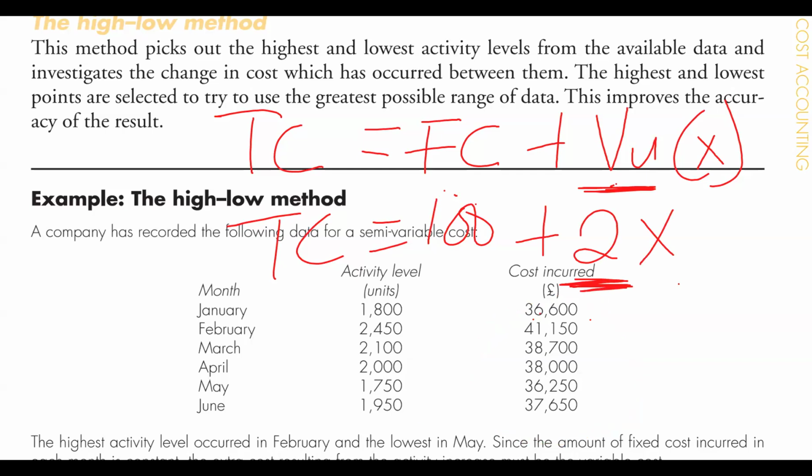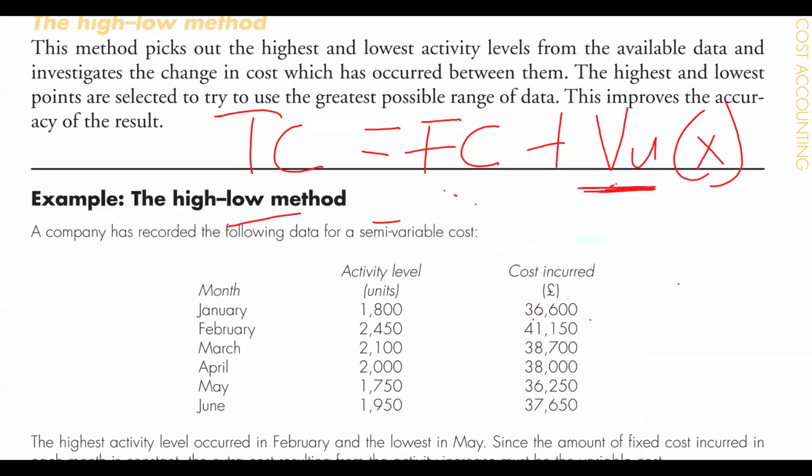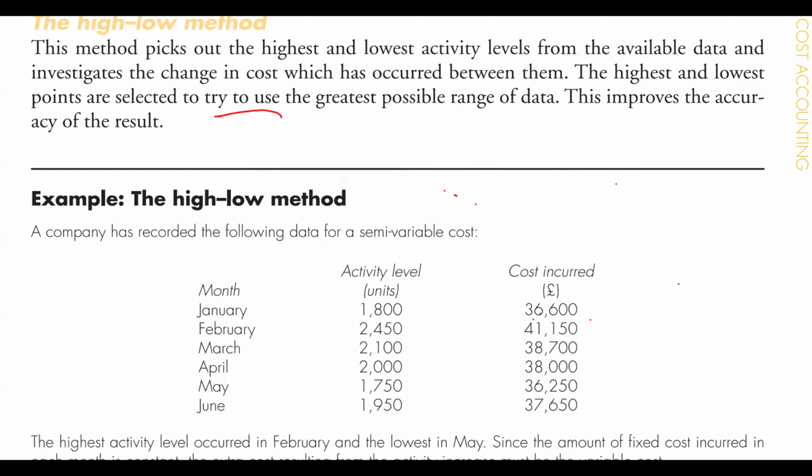Yes, sir. Now, how do we find the variable cost per unit? That's our question. That's where we start from. The variable cost per unit is very easy to find.